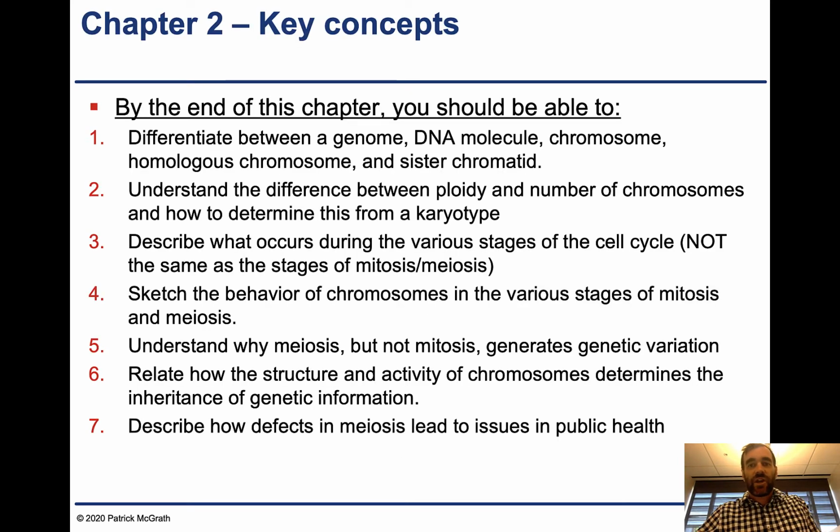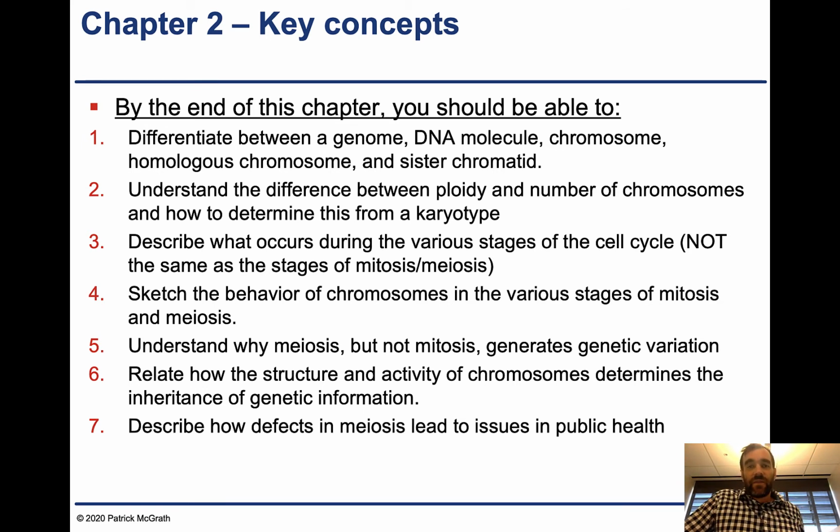By the end of this chapter, you should be able to differentiate between a genome, DNA molecule, chromosome, homologous chromosome, and sister chromatid. In this genetics class and in all biology classes, it's very important to understand commonly used scientific jargon. At the beginning of all the chapters, I'll try to give you examples of important ones for that chapter.